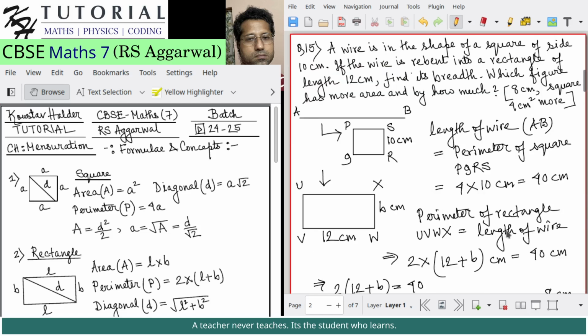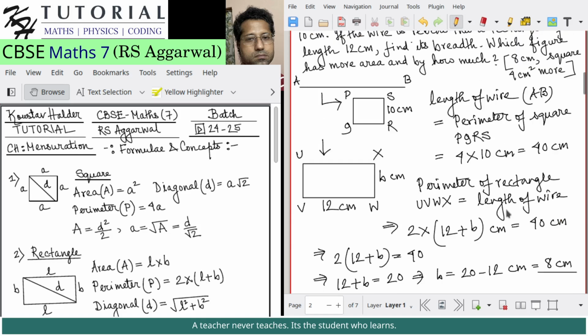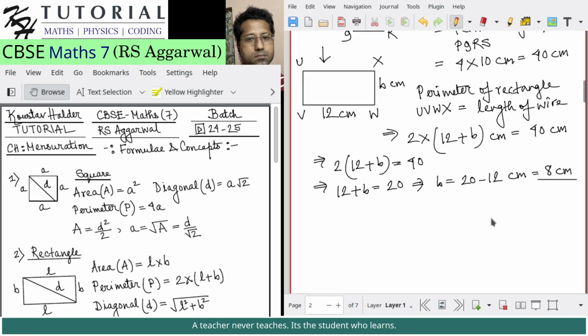Okay. So the question was asking find its breadth and which figure has more area and by how much. So we also need to find the area of the square, the area of the rectangle, and determine whose area is more. Okay.